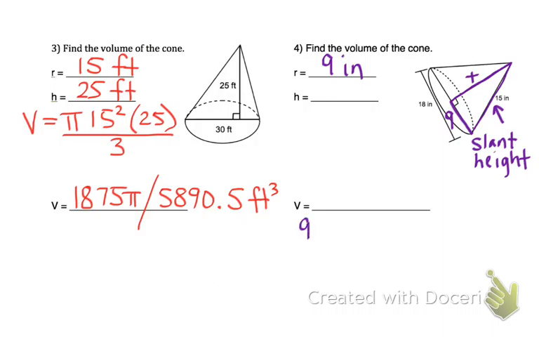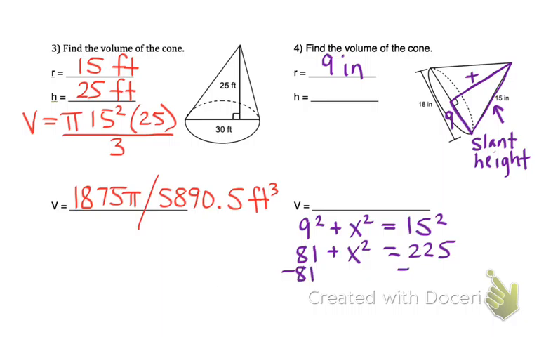So I'm going to do 9 squared plus x squared equals 15 squared. 9 squared is 81, plus x squared equals 15 squared, which is 225. Then I'm going to subtract 81 from both sides.